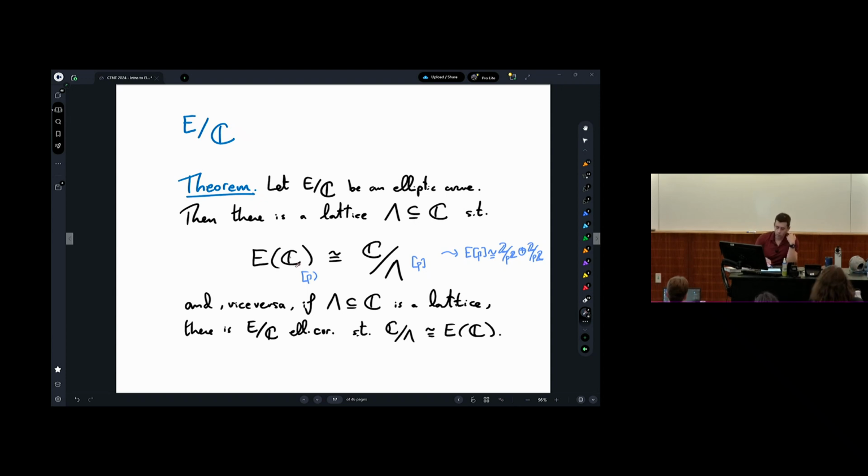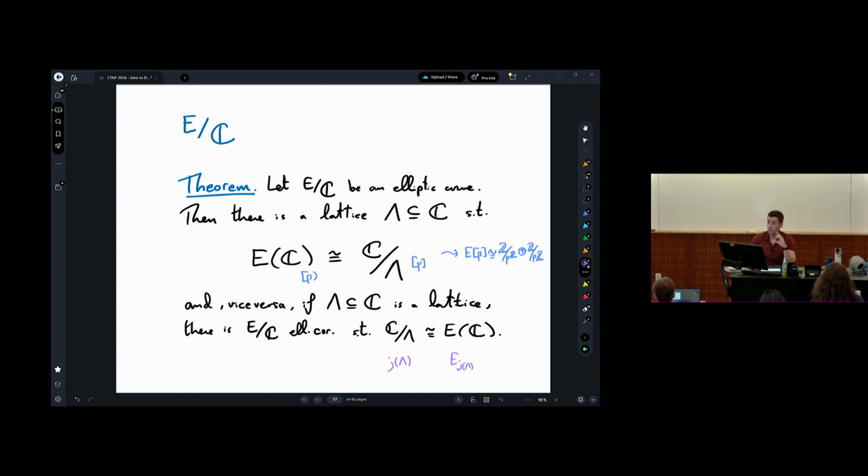Yep, exactly. So if I have a lattice and I want to find out what elliptic curve would match, I take the J invariant of that lattice, and since I know that there is an elliptic curve with any given J invariant, I can find an elliptic curve whose J invariant is exactly that one, and that is going to be the one that matches.